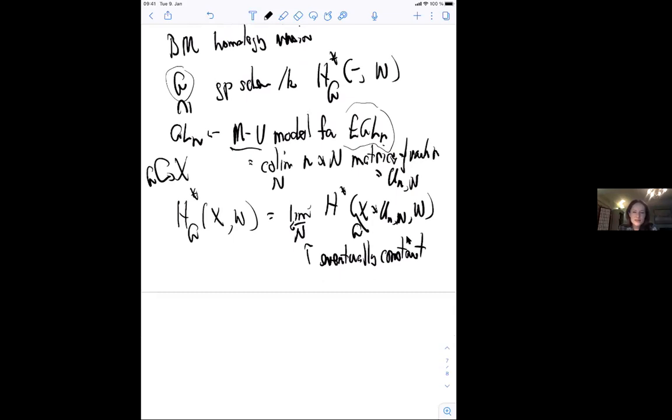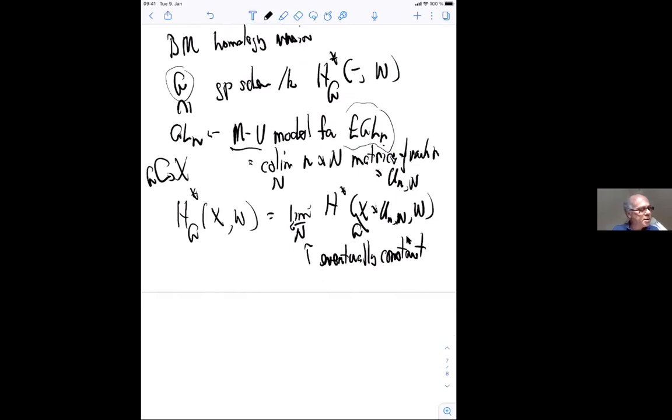Isn't that a direct limit? Yes. No, it's an inverse limit, I think, isn't it? No, because you have restriction maps for the inclusions.